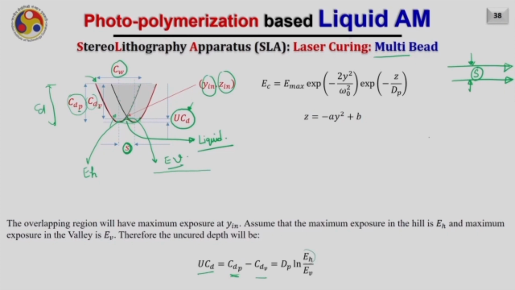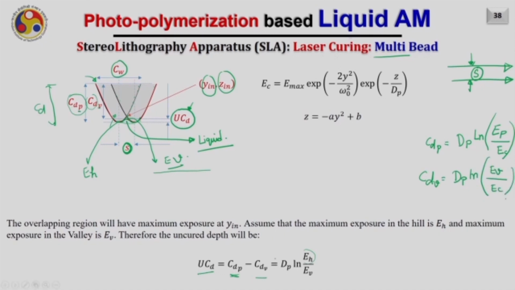Depth is defined by CDP in the peak equals dP, that is the property of the material, it will not change, ln E, or the energy given in the peak, divided by the material property EC. In a similar fashion you can find out CD for the valley, and that will be dP ln the energy available in the valley divided by EC.